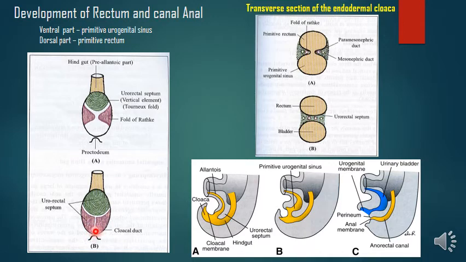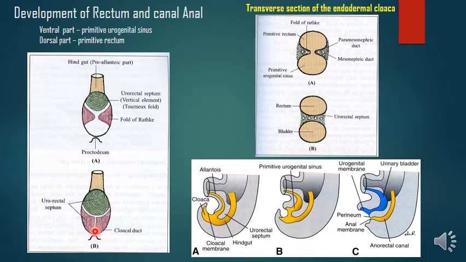Through this gap, the primitive rectum and the urogenital sinus communicate with each other initially. This communication is present temporarily in fetal life, and at about the 7th week the cloacal duct is closed.